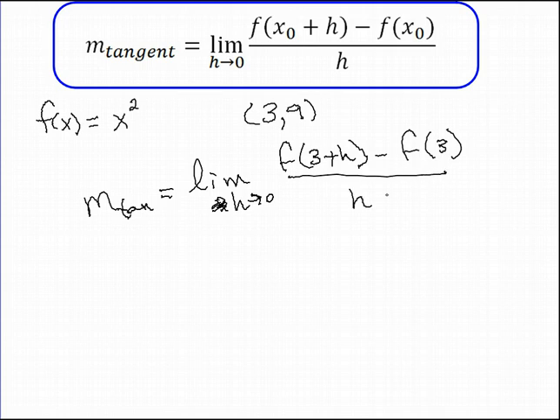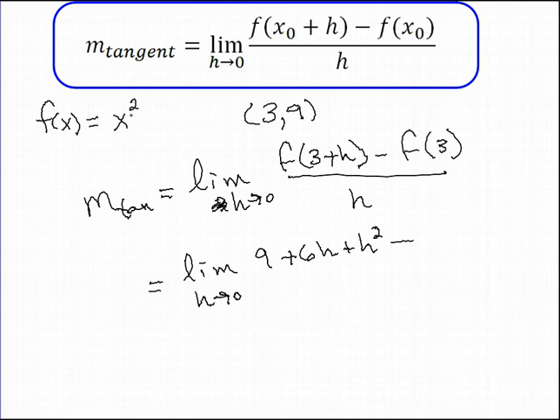Now, we have to treat 3 plus h as our variable that we're plugging into f. And when we do that, we have to square the entire binomial of 3 plus h. So that gives us the limit as h approaches 0. We use a little binomial expansion to say that it's 9 plus 6h plus h squared minus f of 3.